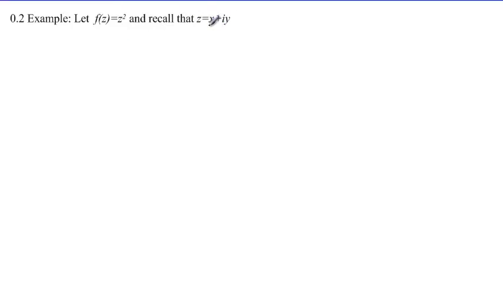So now, remembering that our z is of this nature, we can say omega is equal to f of z, equals z squared. Now, substituting z by this expression, we can say this is equal to x plus i, our imaginary unit, y, squared.